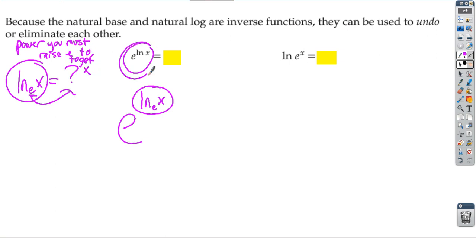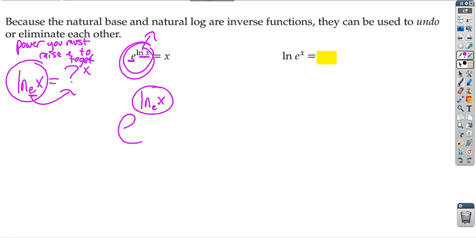So what does this mean? This means I'm raising e to the power that e needs to be raised to get x. I'm raising e to that power right now. E raised to the power that e needs to be raised to get x. So if I'm raising e to the power that it has to be raised to get x, I'm going to get x, and that's why that thing equals x.